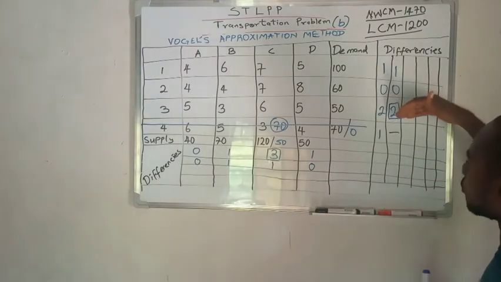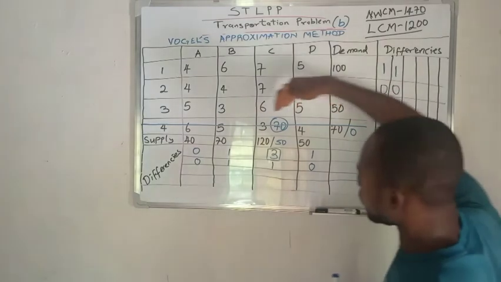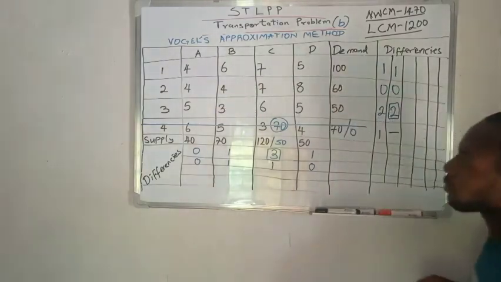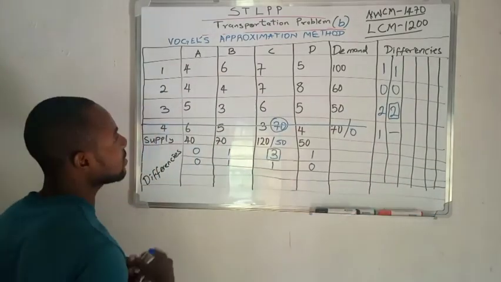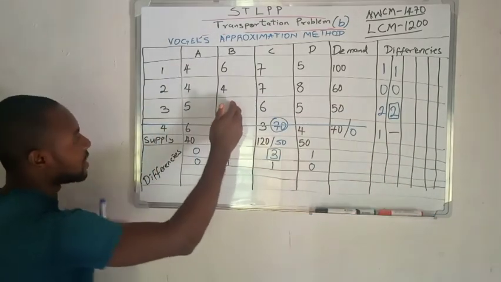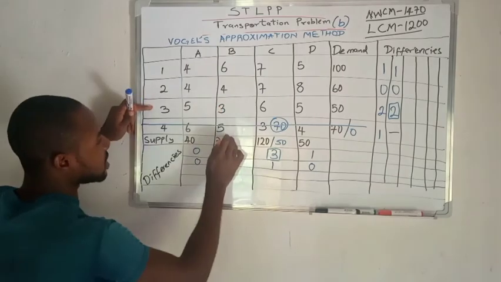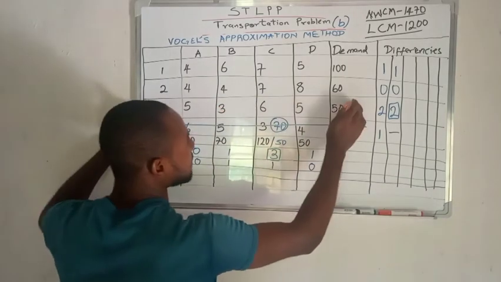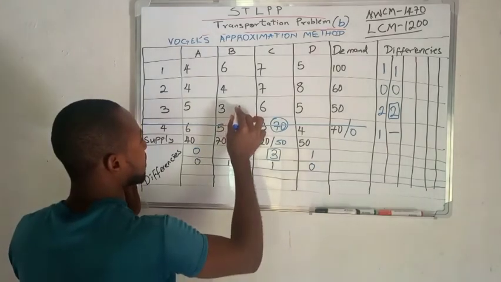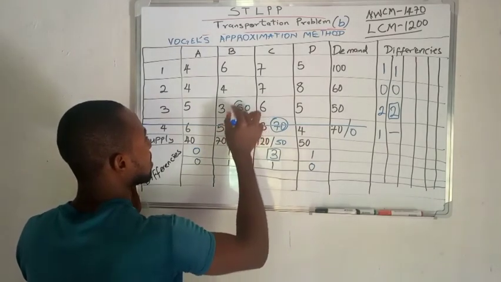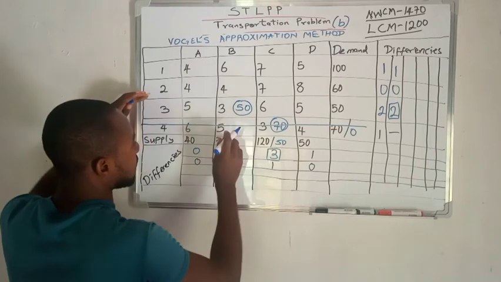Right here we have it along the row, so we check that row, and the smallest cost here is 3. So we supply to this place. Right here we have 70 goods in the supply and we have 50 in the demand. So what are we going to supply them? We'll supply them with 50 and then check for this place.